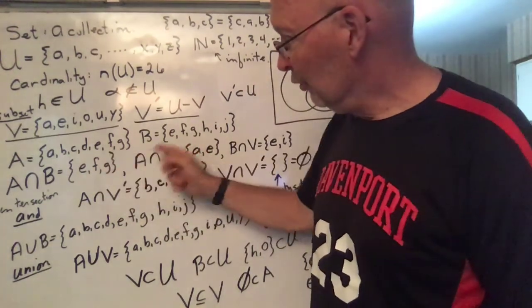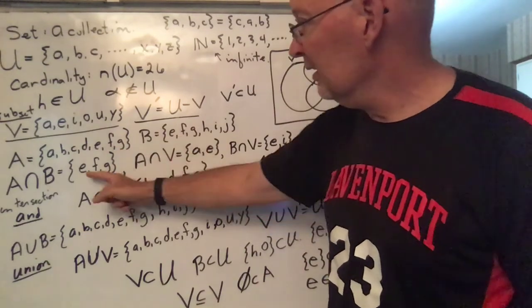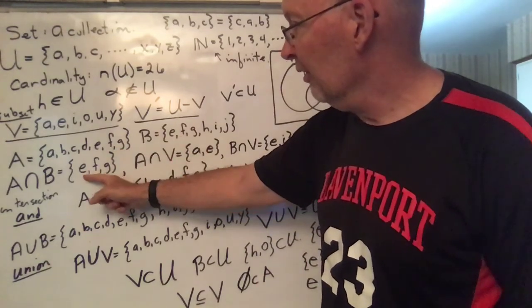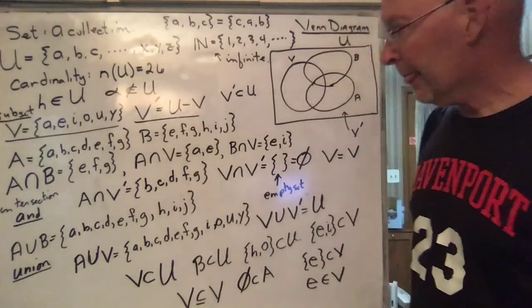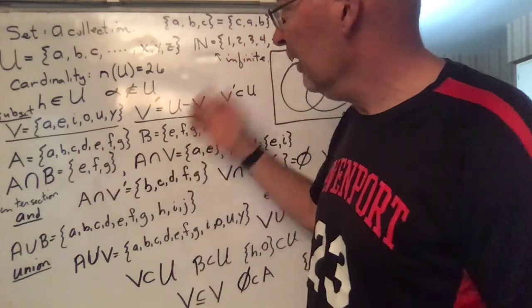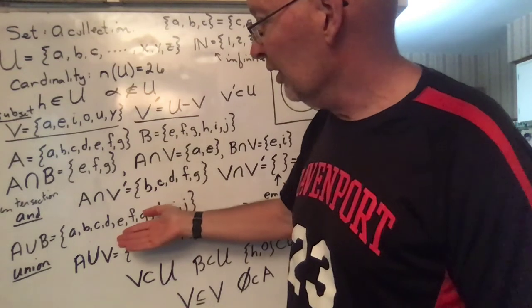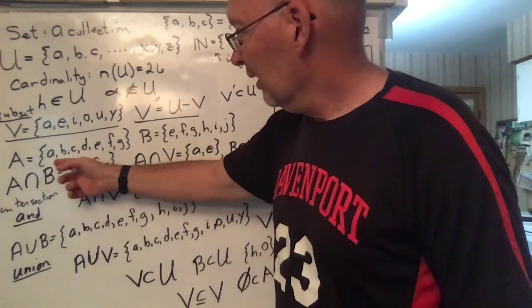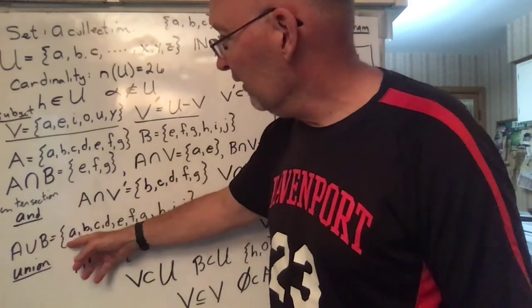The intersection of two sets is everything which is in both of them. The intersection of A and B are the elements E, F, and G. And we have some other ones as well. The union of two sets is everything which is in one or the other, or both. As long as it's in one or the other, then it's in the union. So you dump them together, and you think of this as basically the bowl that holds everything that's in either one.